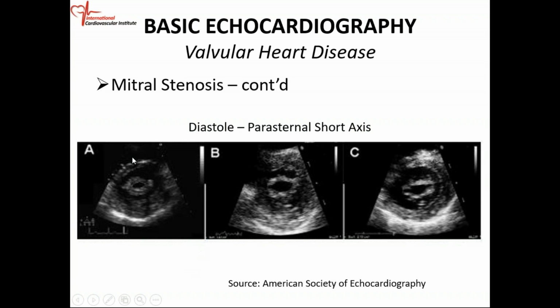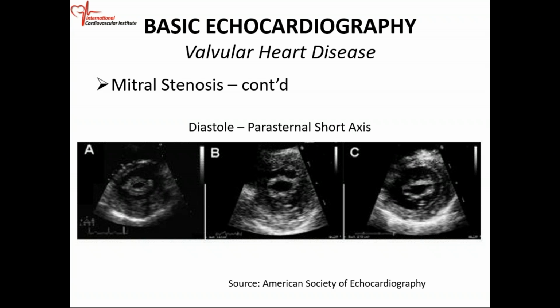And then if you were to look at the valve in the short axis view, you can see the valve is thickened with restricted opening. In determining the severity of the mitral stenosis, there are certain things you have to do, and one of them is doing planimetry of the mitral valve. That is, you just trace the opening to get the area. But you have to be careful because the mitral valve, when it opens, has a conical shape.